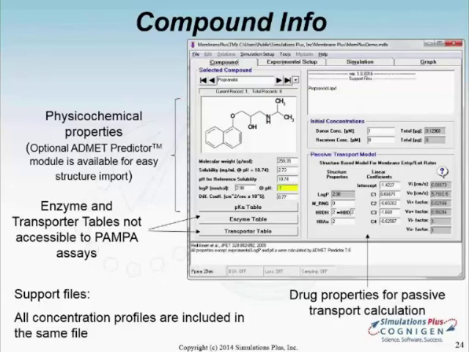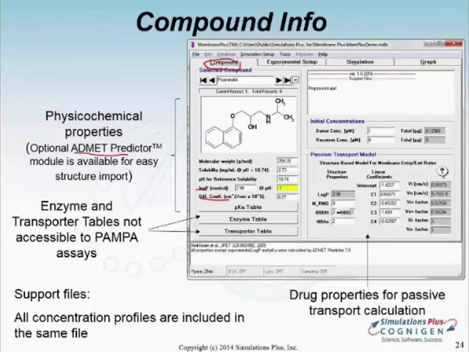Of course, the first tab is going to be your compound information, some of the basic physical-chemical properties that go into the simulations, things like logP or logD, diffusion coefficient, pKa's, all of this, again, you can get also from ADMET Predictor.